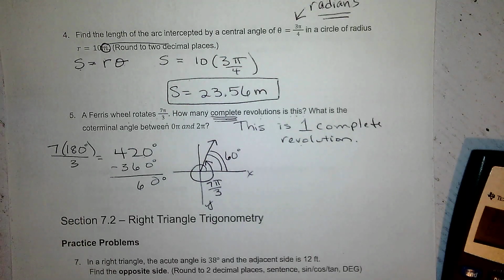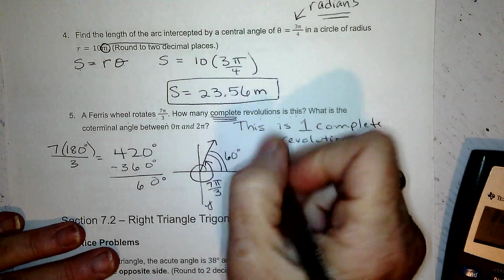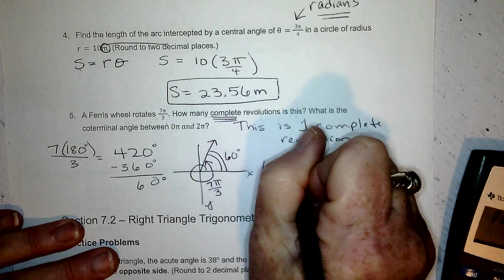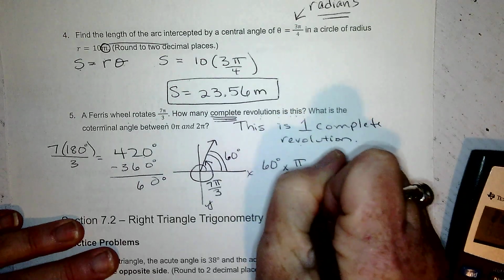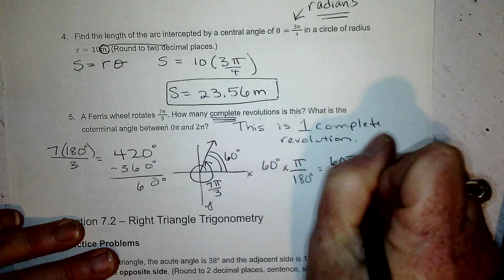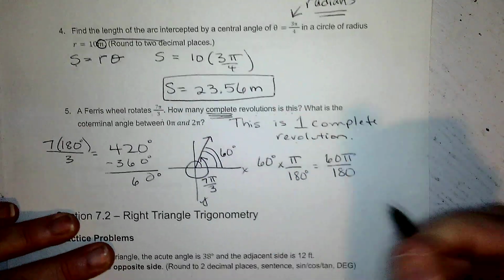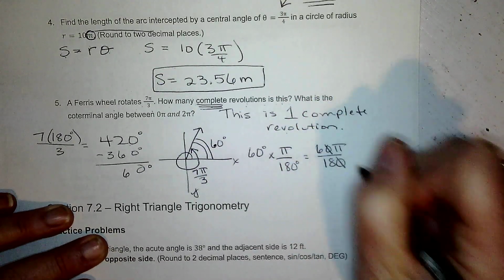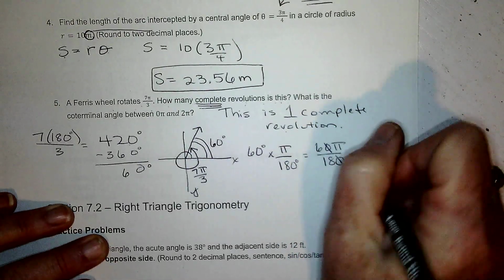The only thing I need to do with that 60 degrees is change it to radians. So to change a degree to radians, that's 60 degrees times pi over 180 degrees. So that's 60 pi over 180, and you just need to reduce it now. Do not leave it in this format. The zeros are gone. We're left with 6 pi over 18.